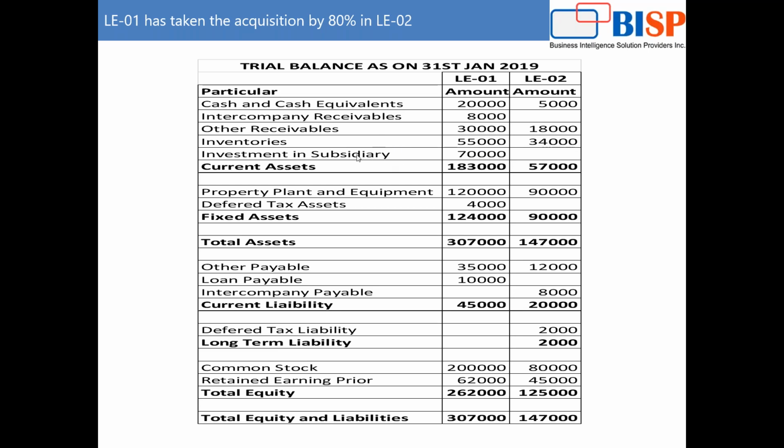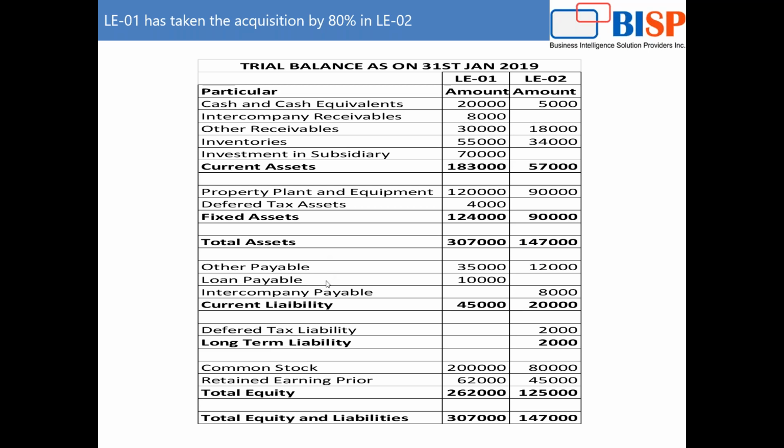Legal entity 01 has made an investment in the subsidiary, legal entity 02, of 70,000. By paying 70,000, they took the acquisition of 80%. Similarly for property, plant and equipment and deferred tax asset, the total fixed asset is this much. The total asset for legal entity 01 is 3,07,000, and for legal entity 02 is 1,47,000.